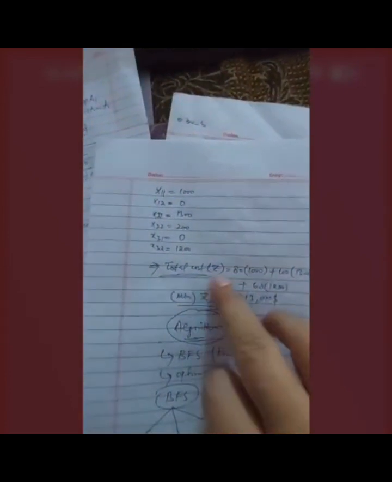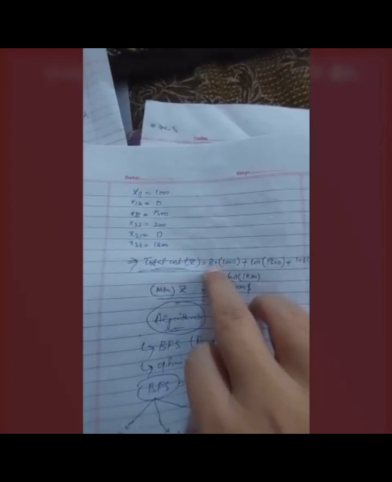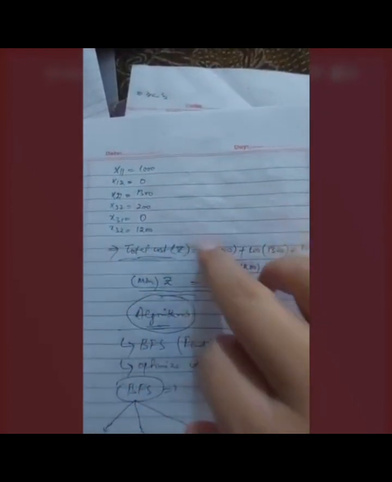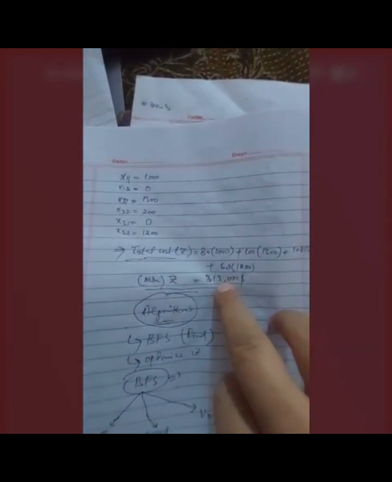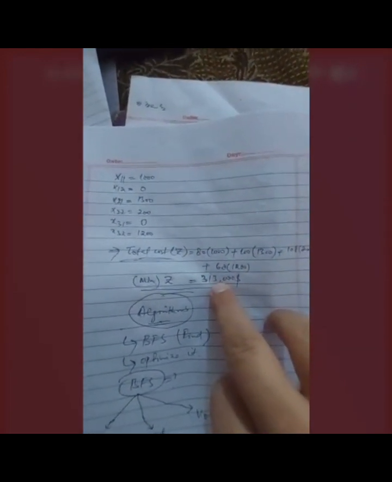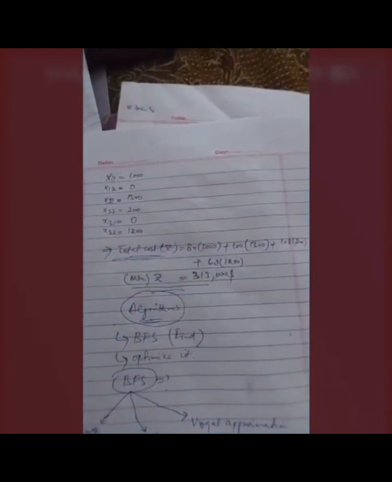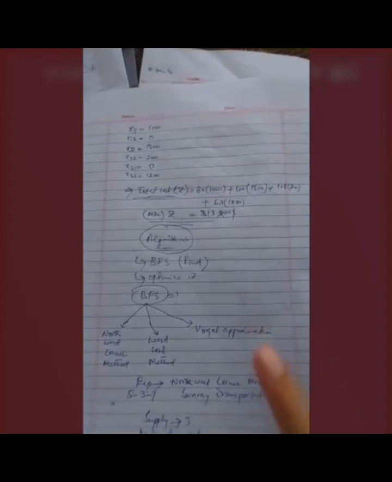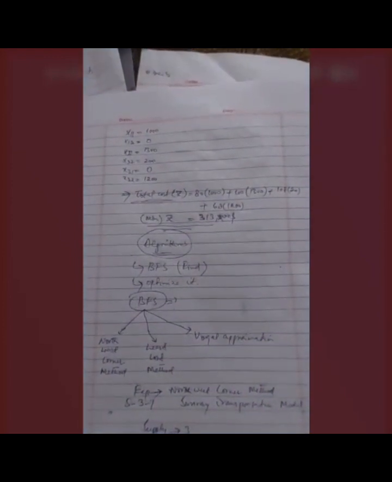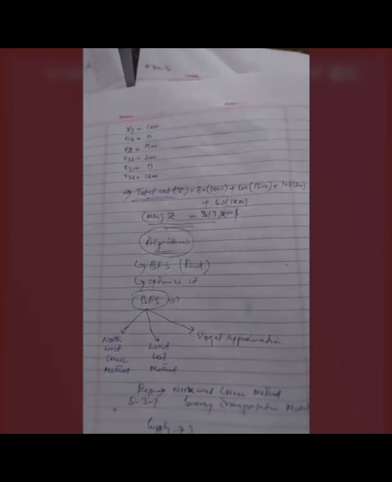Now for the total cost, we just multiply the per unit car cost with the respective figures, and it will give us $313,200. So that is how we get the solution from Torah. Okay, I will make the next video for the algorithm, the northwest corner method.